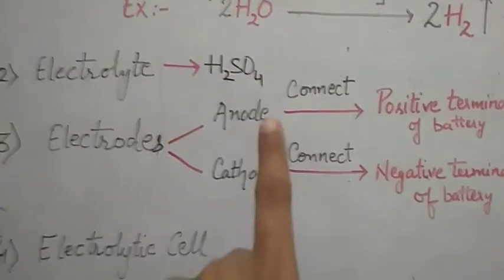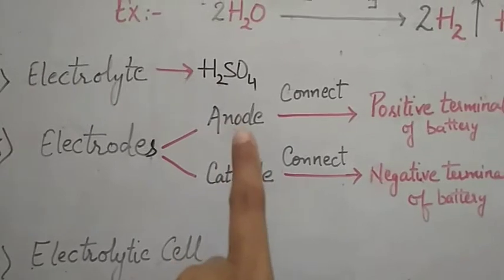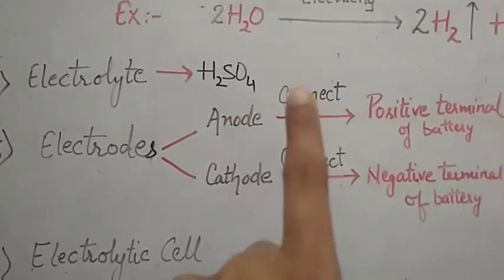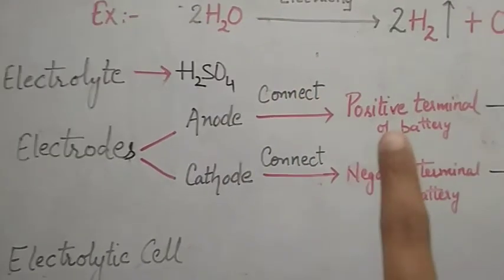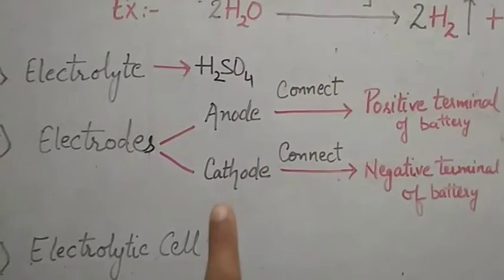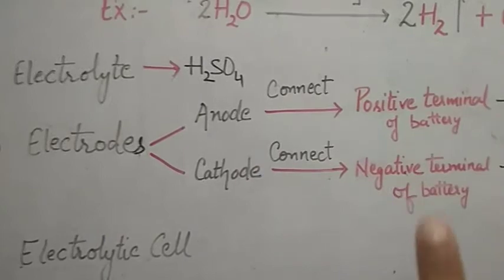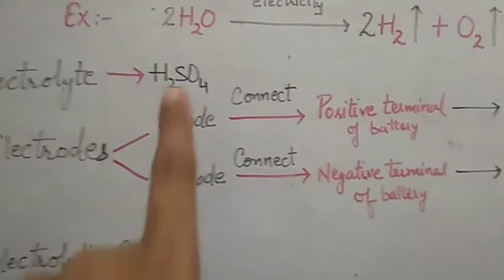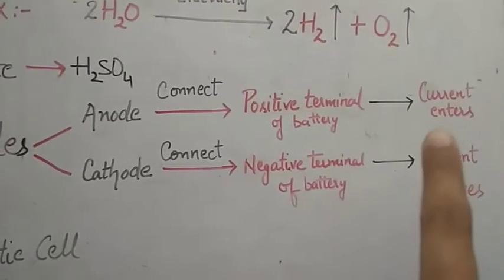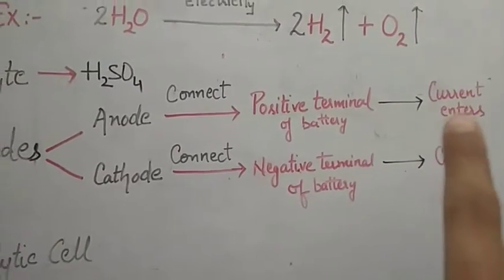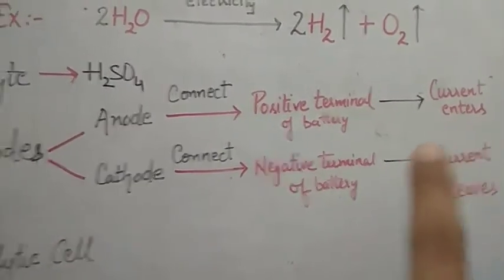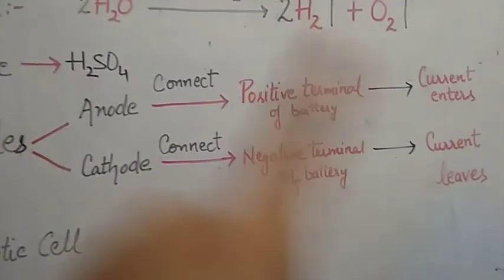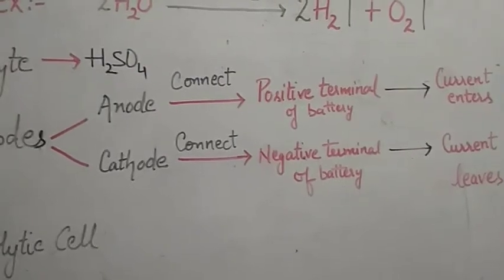Anode is an electrode which is connected to the positive terminal of the battery, and cathode is an electrode which is connected to the negative terminal of the battery. Through the anode, electric current enters the electrolytic solution, and through the cathode the current leaves the electrolytic solution.